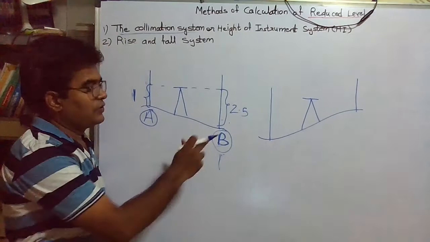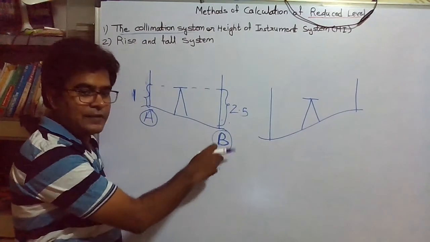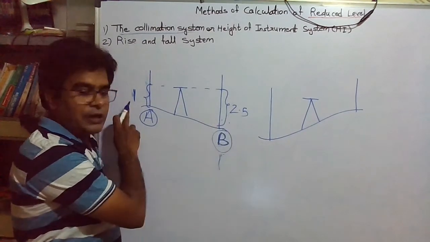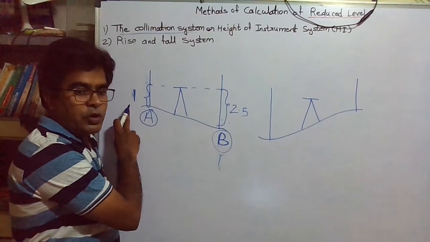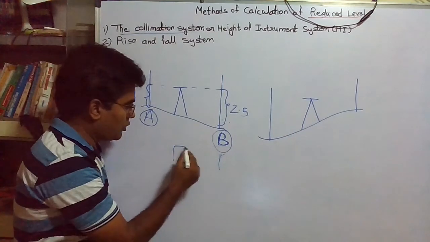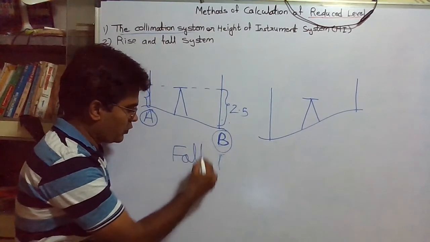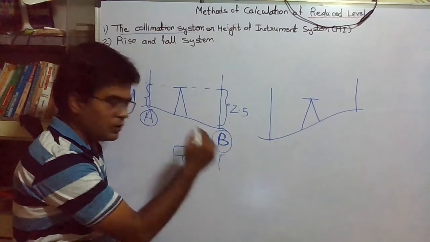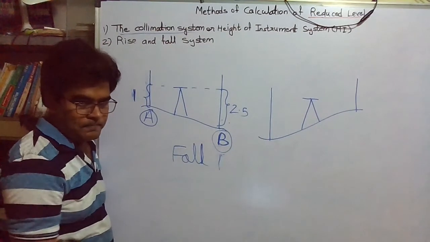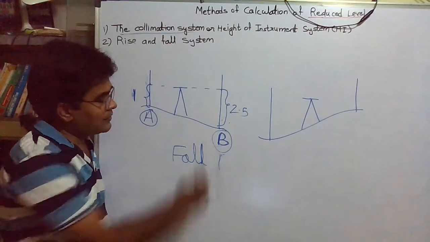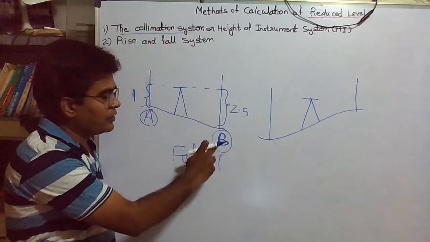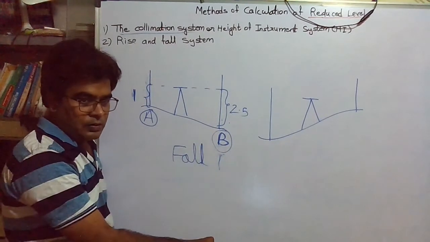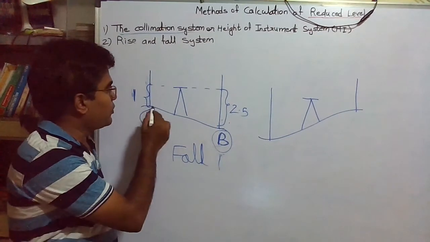So the staff reading at B is more than the staff reading at A. So here we can say there is a fall. Why is this staff reading more? Because this point is at a lower end, compared to point A.